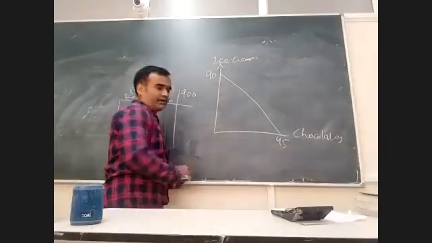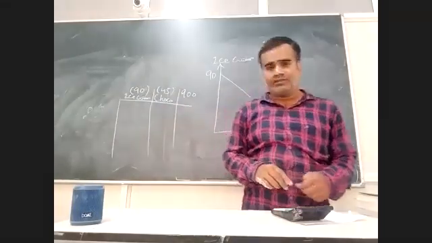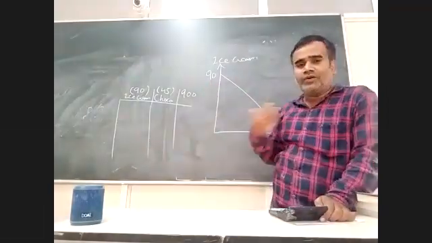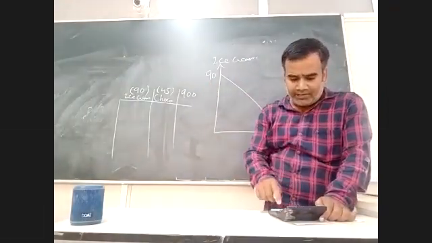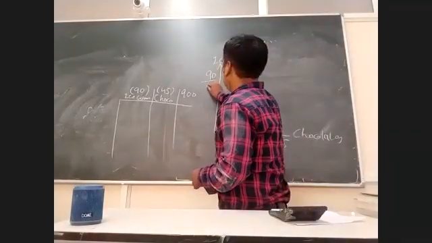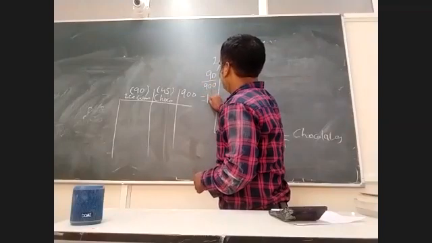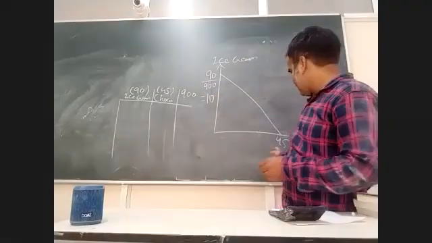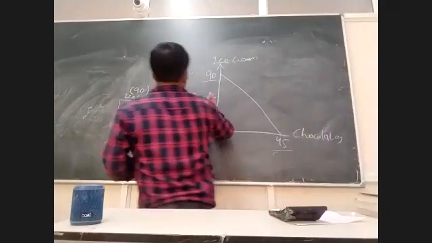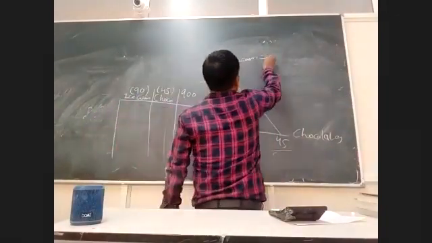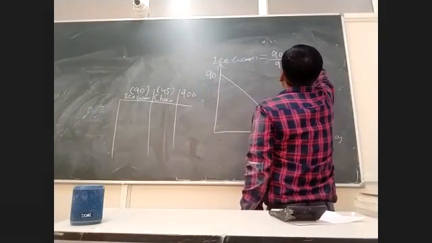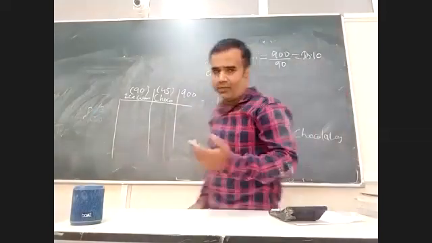So they are asking us to find the price. This 90 is the quantity of ice cream and this 45 is the quantity of chocolates. So 900 divided by 90 will be 10. The price of ice cream will be 10 rupees.